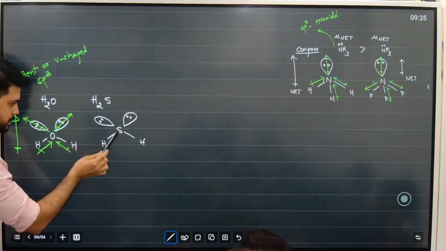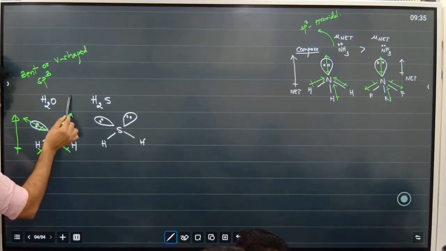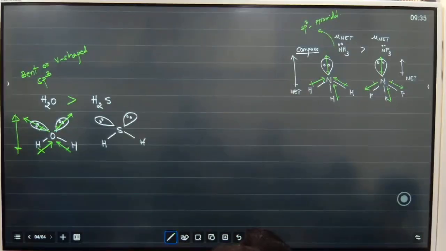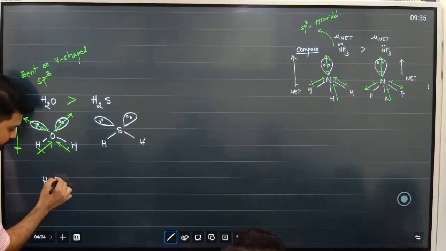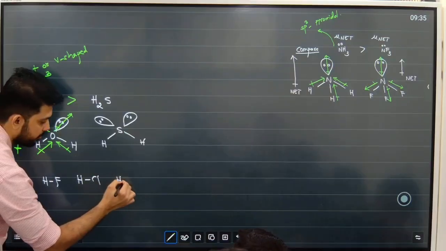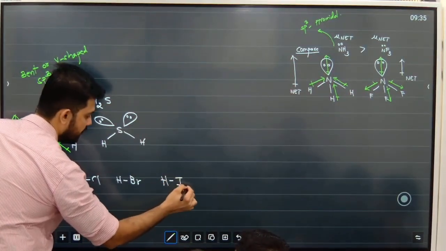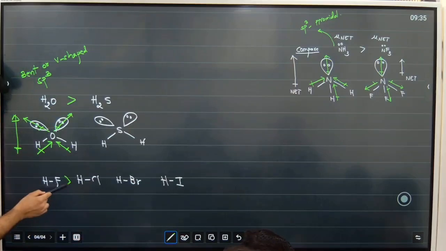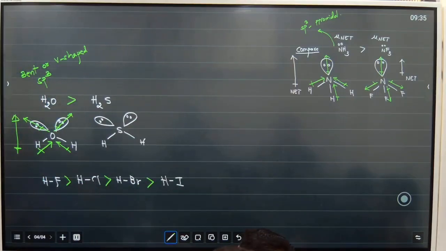However, between oxygen and sulfur, who's more electronegative? And hence, in usual cases, greater the difference in electronegativity, I'm saying not always, but in usual cases, greater is also the net dipole.